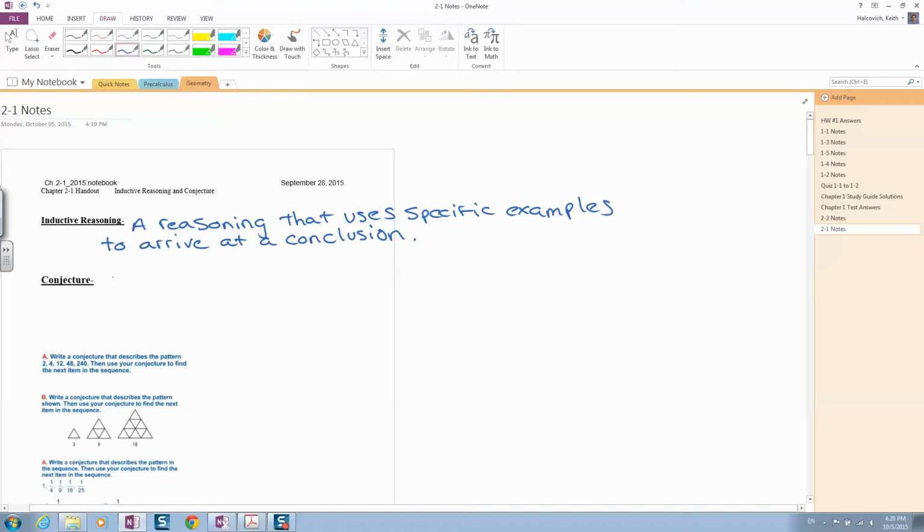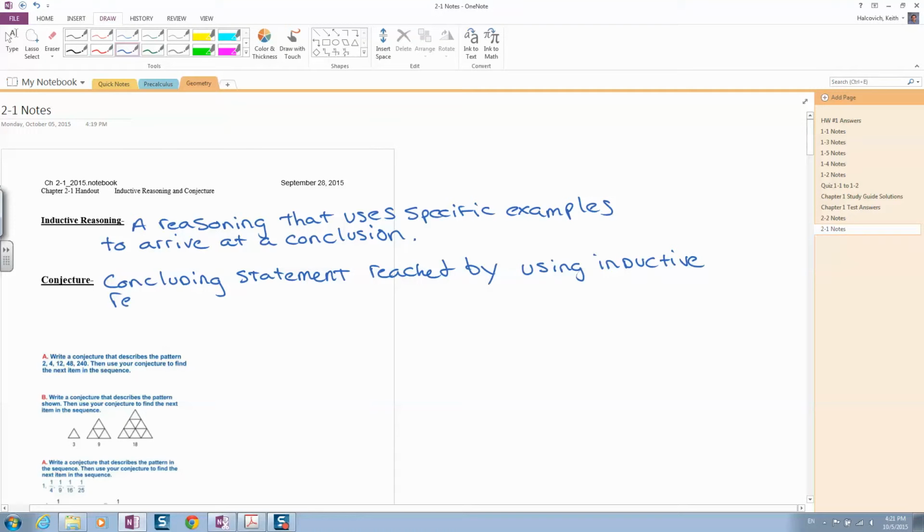A conjecture is a concluding statement reached by using inductive reasoning.